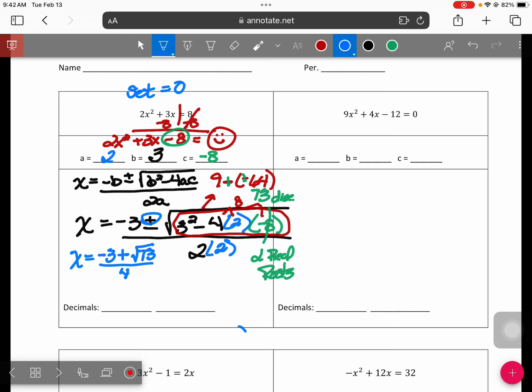Tell me what you get. Who's got a value? Anyone? Guys, I don't have my cheat sheet with me, so I really do need a value. So what'd you get?